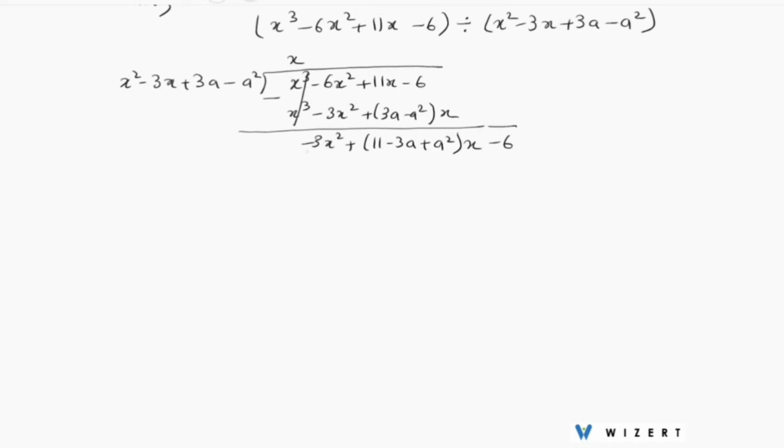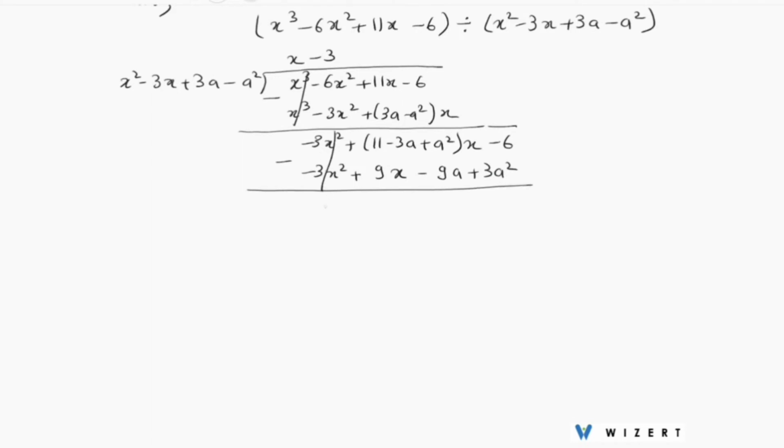So now to remove the x square term, we'll have to multiply the divisor by minus 3. So we have minus 3x square plus 9x and minus 9a plus 3a square.